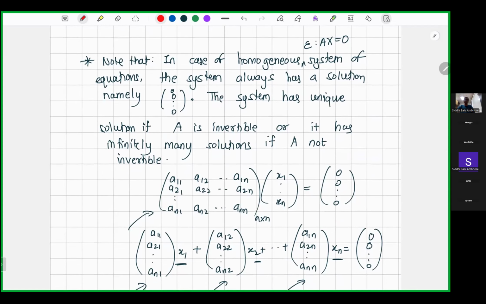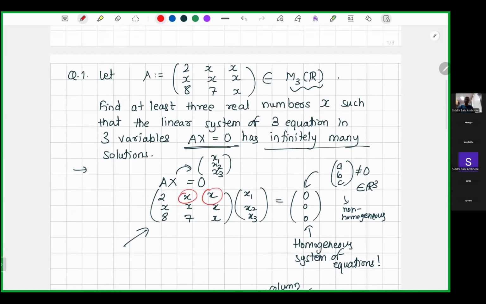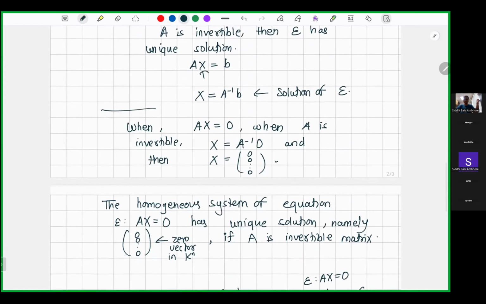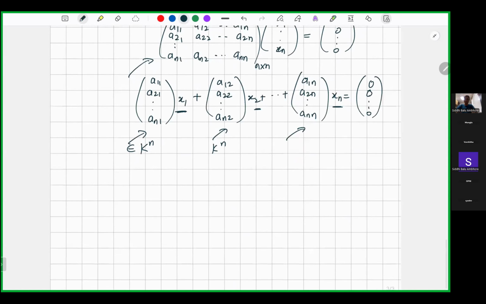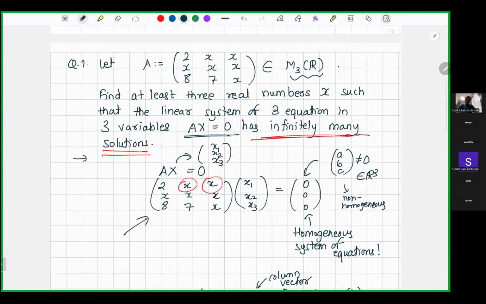Those will be the exact x for which I will have infinitely many solutions to the system of equations. I hope you understood what we are going to do here. Is it okay? So the matrix here was this. Let me just copy this matrix here.